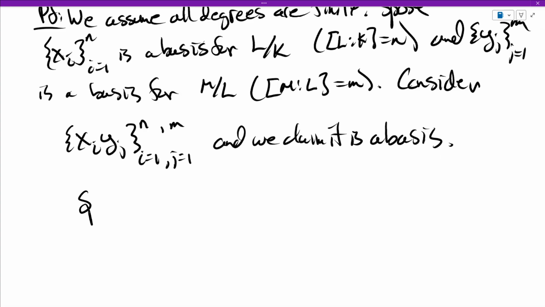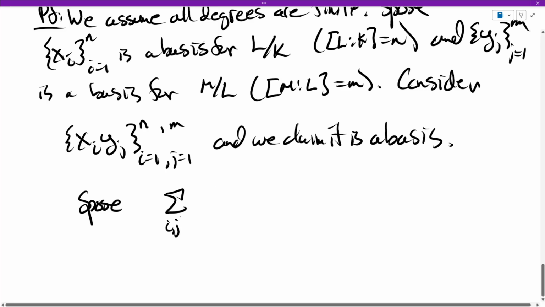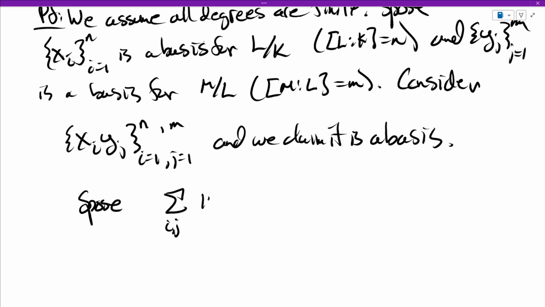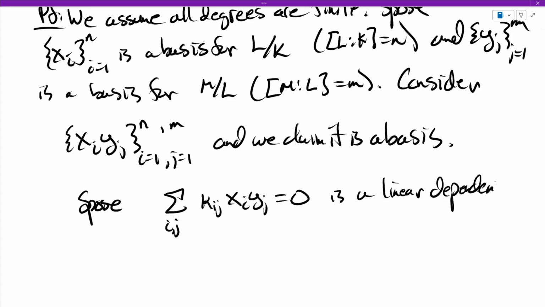So suppose that a sum of these guys, I'm going to ignore the subscripts at this point with the understanding that the i index ranges from 1 to n and the j index ranges from 1 to m. Suppose that you have a linear dependence of them over K. We claim it as a basis for M over K. That's the thing that we're after, right?